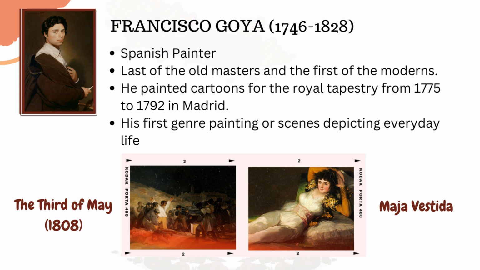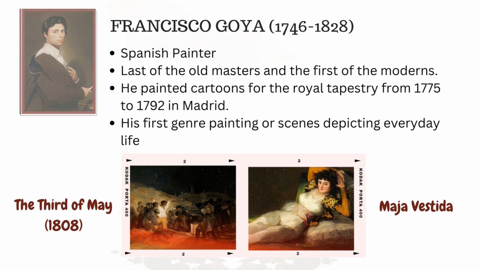And yung the 3rd of May na yan, yan yung masterpiece ni Goya that sought to commemorate yung Spanish resistance to Napoleon's armies during the occupations of 1808 in the Peninsular War. Yan yung parang brief history or brief meaning ng the 3rd of May ni Francisco Goya.